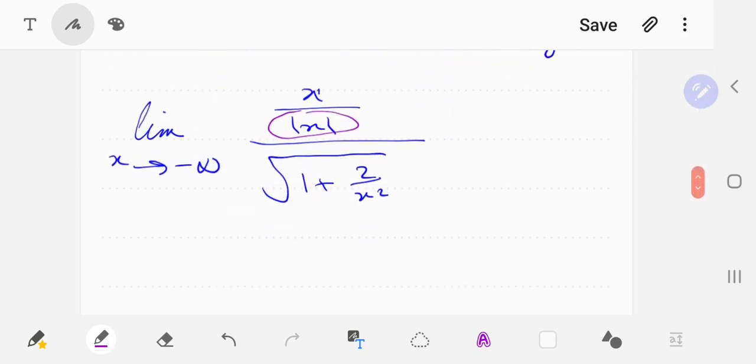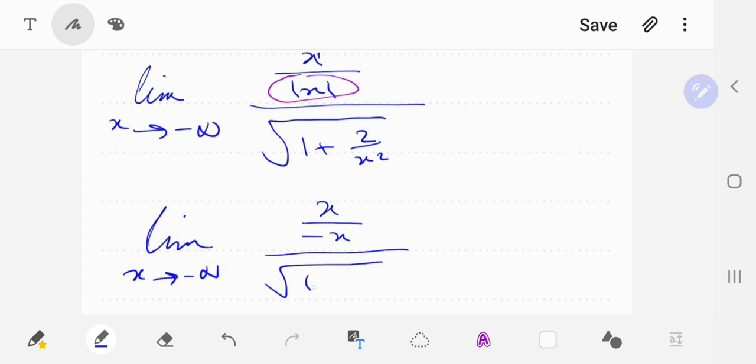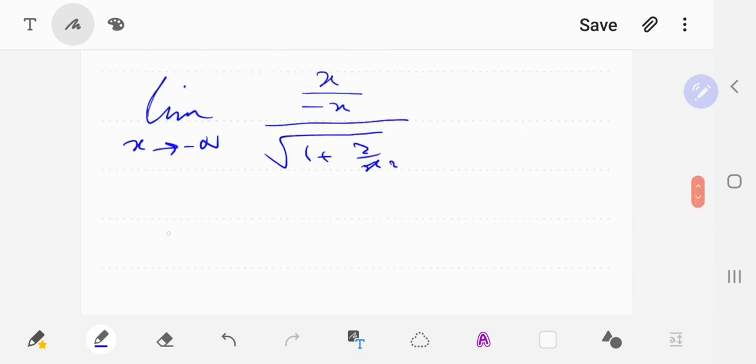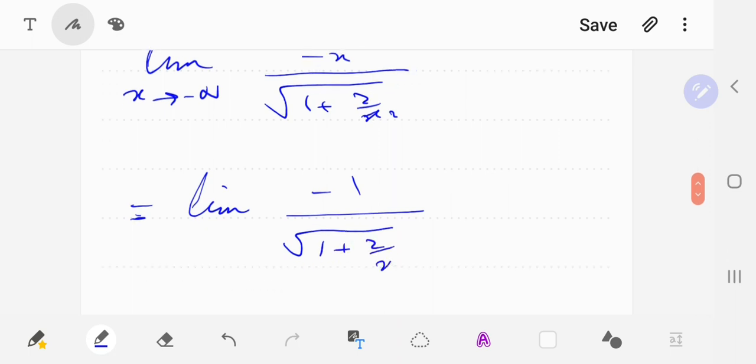So in this case, we'll have the limit as x approaches negative infinity of x over negative x over square root of 1 plus 2 over x squared, which is the limit of negative 1 over square root of 1 plus 2 over x squared as x approaches negative infinity.